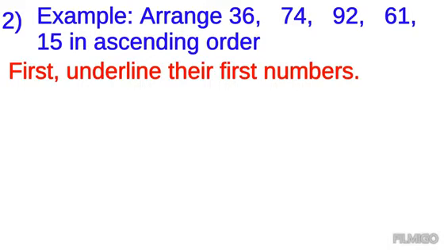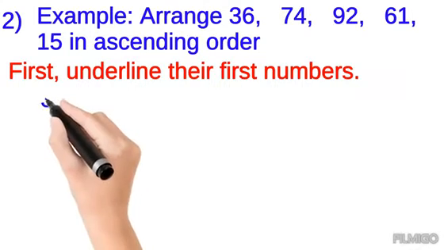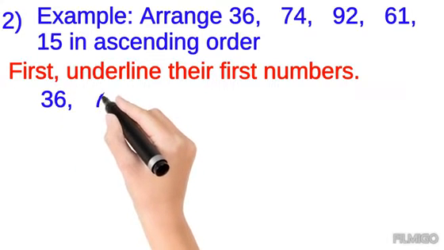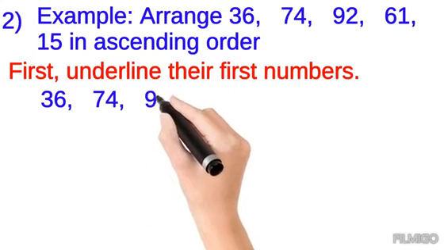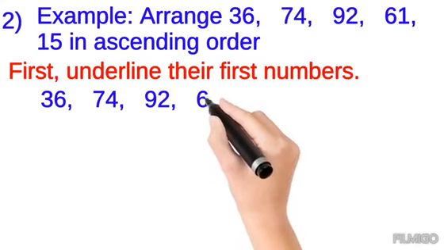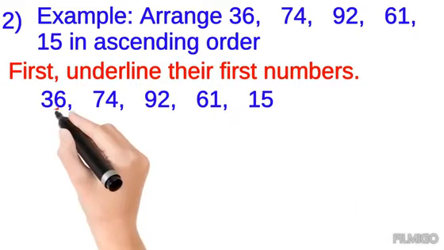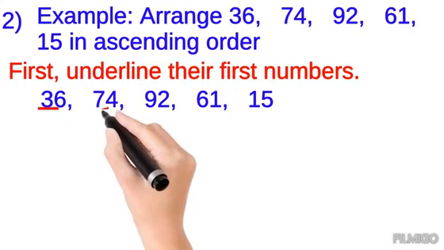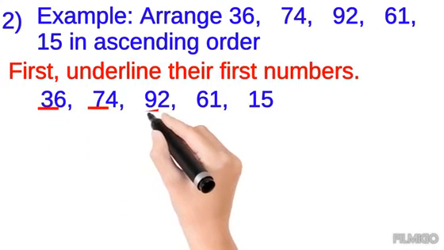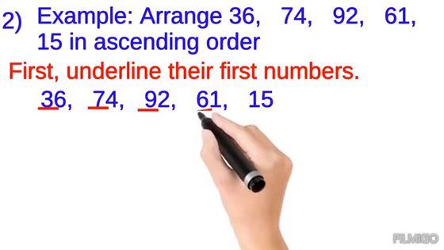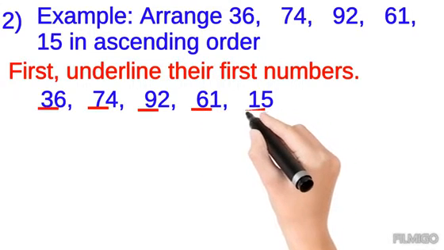So we're going to write out our numbers and then we underline. We have 36, 74, 92, 61, and 15. So we're going to underline their first number, which is 3, 7, 9, 6, and 1.